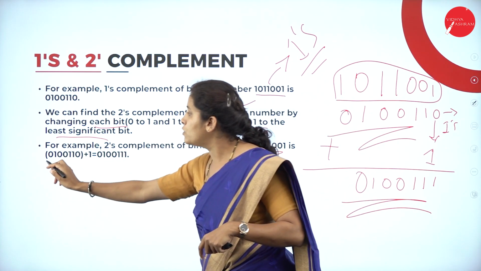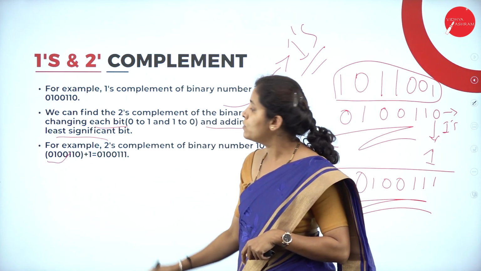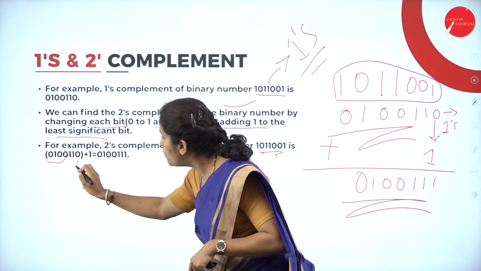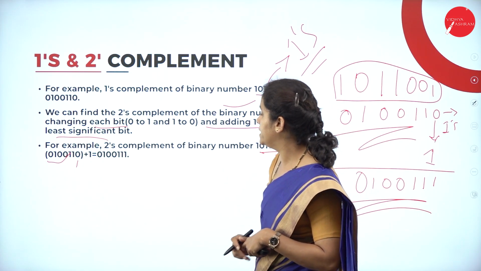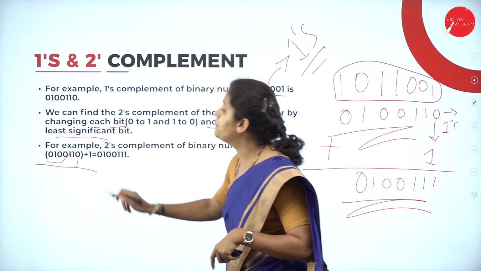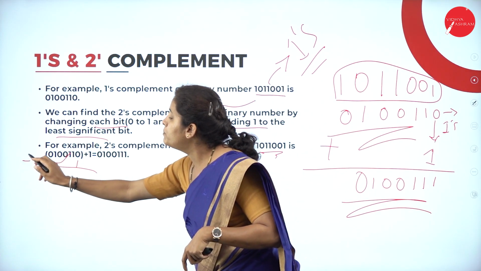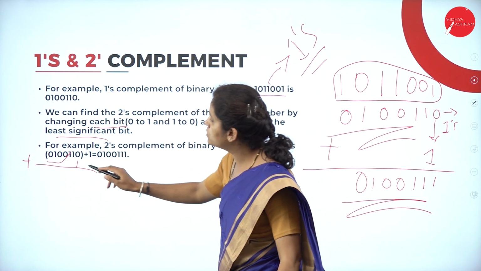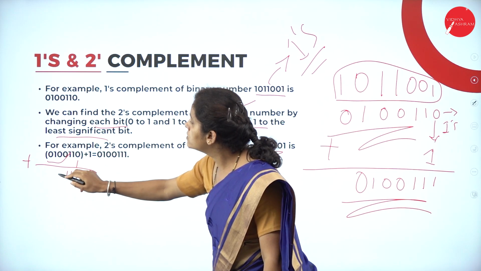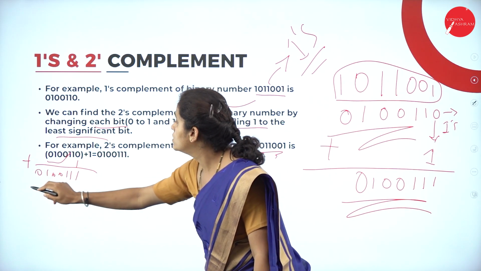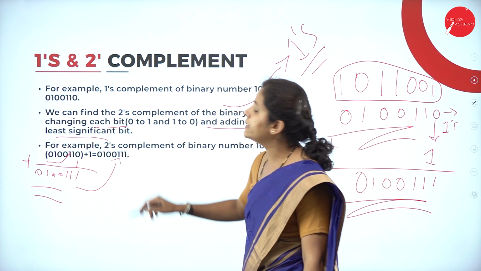After taking the ones complement, this is the number we have. Now I am going to add 1 to the least significant bit, that is LSB. Now I am going to perform the addition operation. So 1 plus 0, here it is 1, 1, 1, 0, 0, 1, 0. Just cross check. Is it correct?